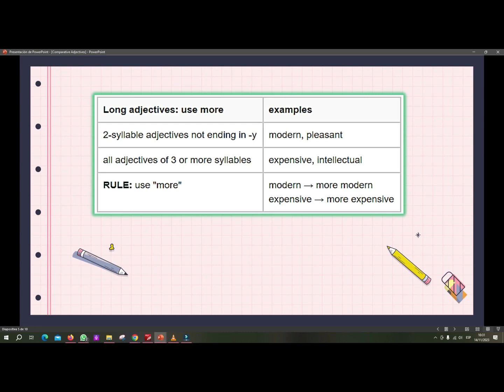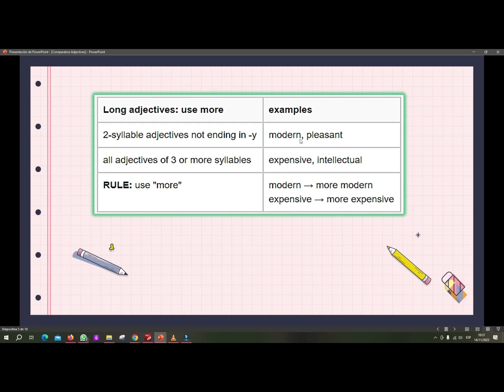Long adjectives use more. Two syllable adjectives not ending in Y. Modern, pleasant. Los adjetivos que tengan más de dos sílabas, pero que no terminen en Y, a usted simplemente le va a agregar la palabra more antes del adjetivo.